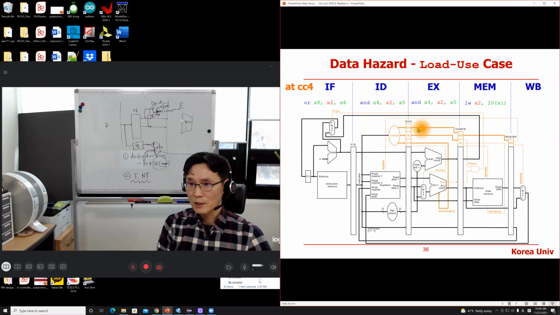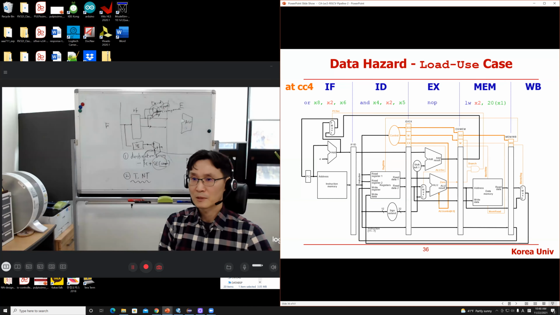So you have to play with that pipeline register, the ID to execution pipeline register in between these two. You are supposed to pass a no operation control signal to the execution stage to make it a no operation.